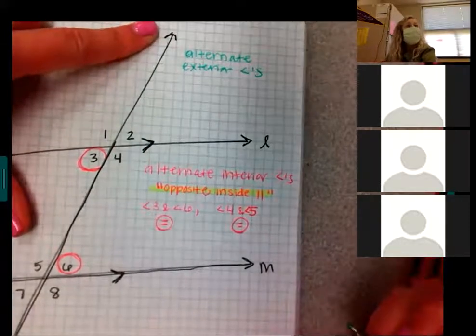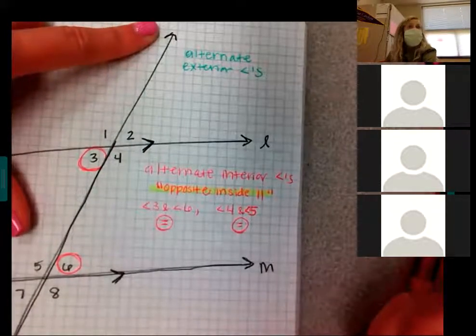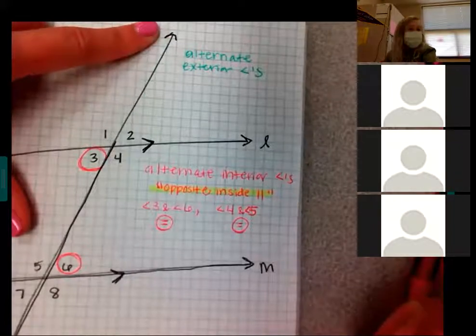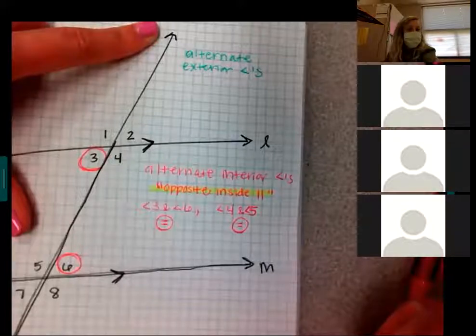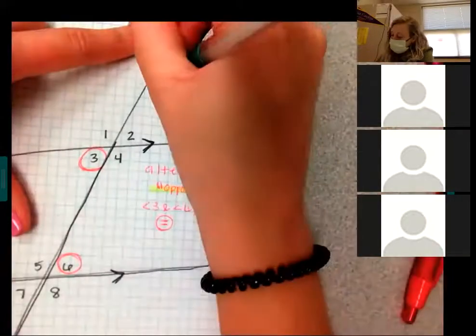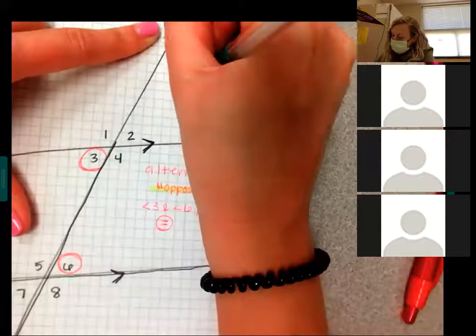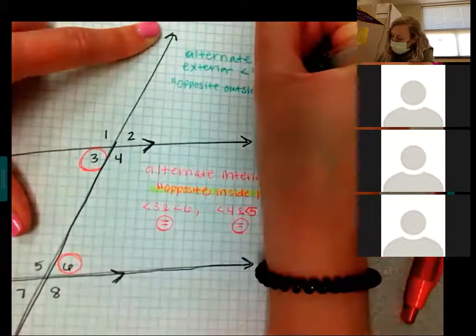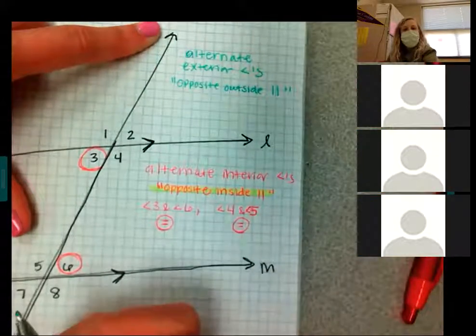So y'all told me interior meant inside, right? What does exterior mean? They're outside of the parallel lines. So this just means opposite and outside of the parallel. Opposite, outside.